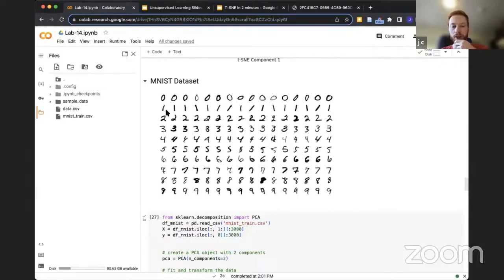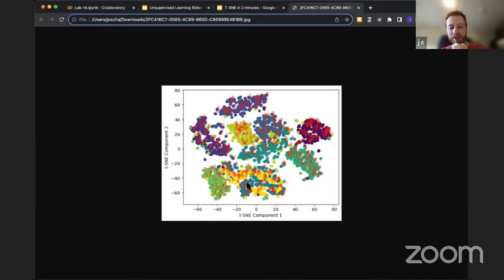Not similar. Okay. How about 4 and 5? How similar are they? So now we look at 9 and 4. We draw them by hand. Would you say they are similar or not similar? Everyone? Yes, exactly. They're quite similar.